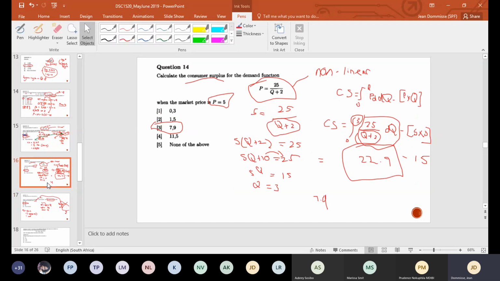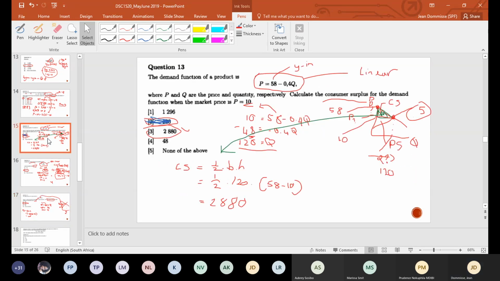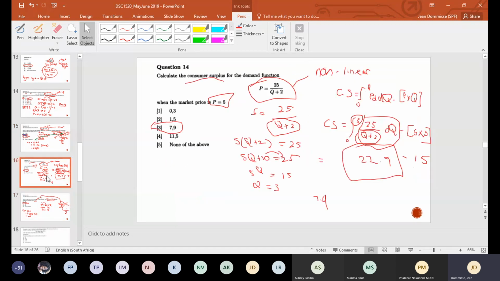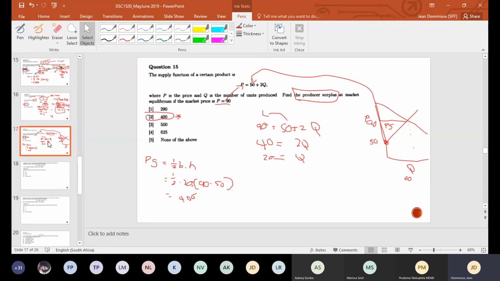Question 14 was the confusing one, and for me it's also interesting how they split it out nearly, because again, logical, I would have said let's do a normal consumer surplus, let's do a producer surplus, and then throw in the difficult one. So this is also to nearly confuse you a bit what to do in the process. Okay, so that is nearly producer and consumer surplus.